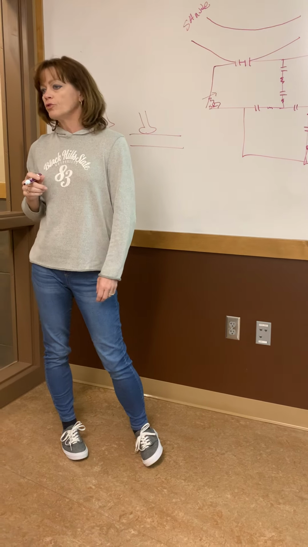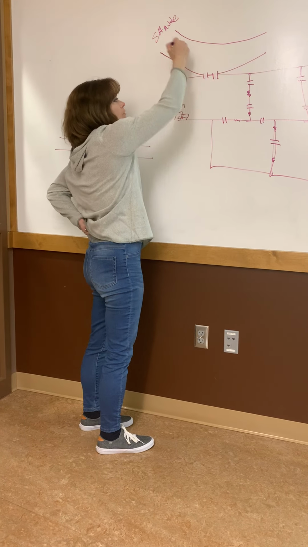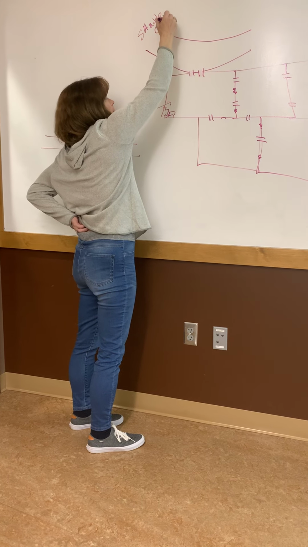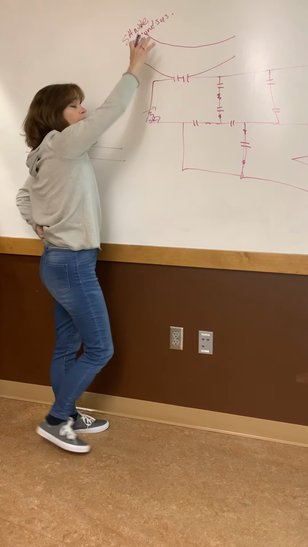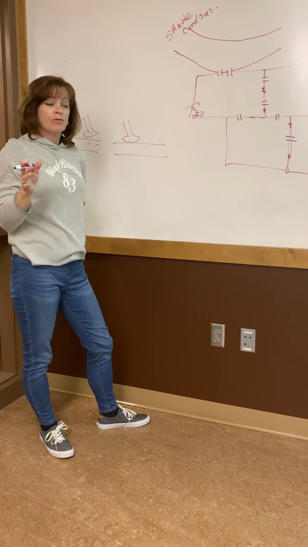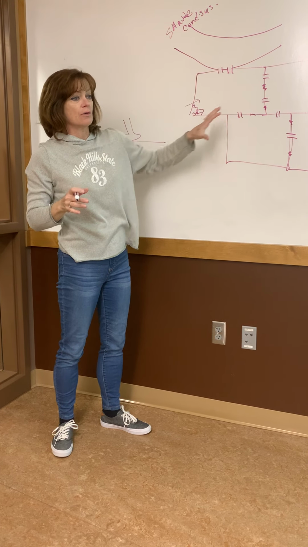You're going to have little holes in between. Whether we're coming off the SA node or we're the Purkinje fibers, this is how they communicate with the muscle cells.